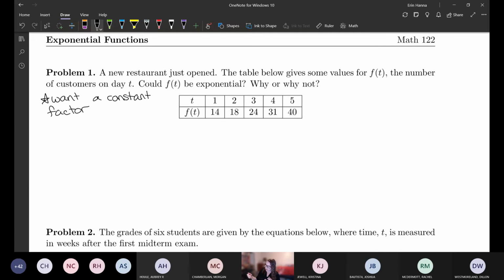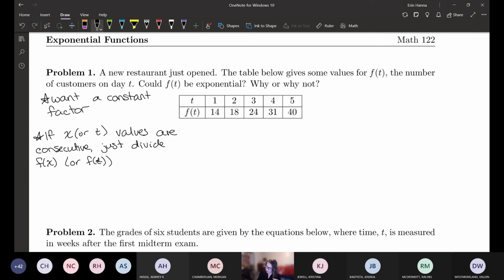And if the x values, or in this case our t values, or whatever your independent variable is, are consecutive, you just divide the f of x, or f of t, or whatever the y values are. You just divide those values.